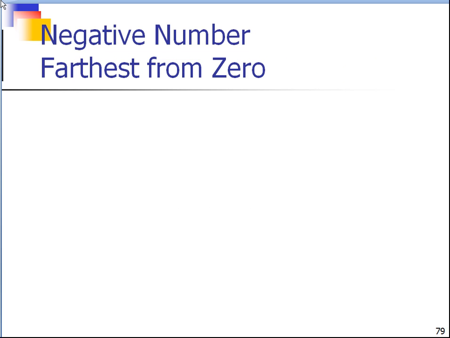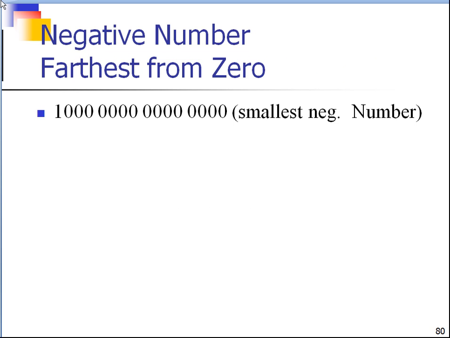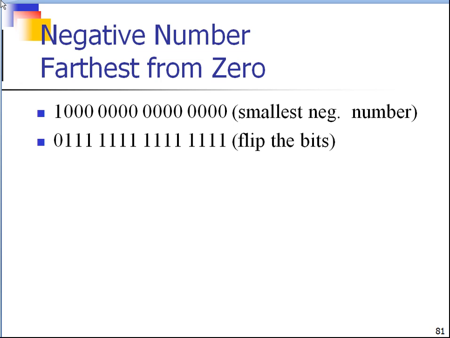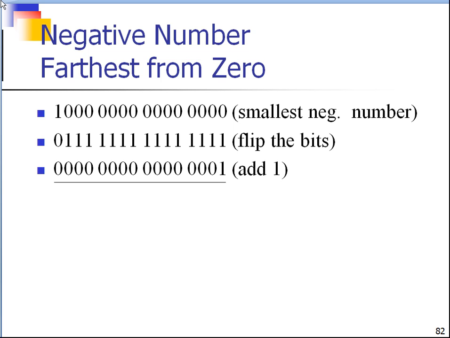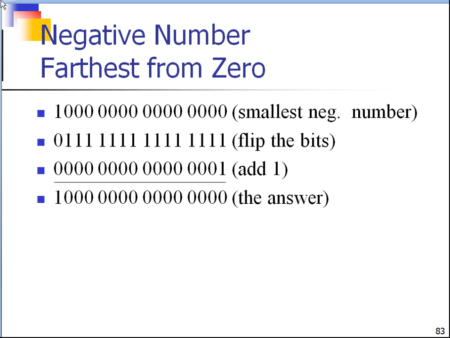How about the number that's farthest from 0? Well, here's what it would look like in binary. The smallest negative number has a 1 in the sign position on the far left, and then it's followed by no electricity going through. So I'm going to flip the bits, add 1. Every single one of these is 0, carry 1, 0, carry 1. And I get the same original answer I had.